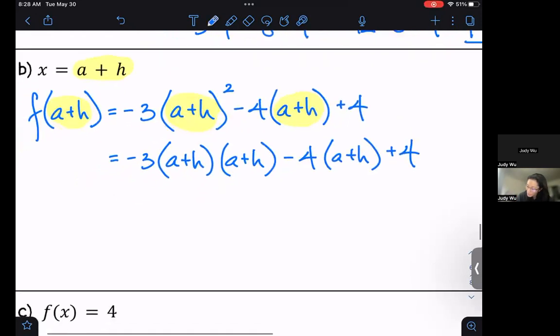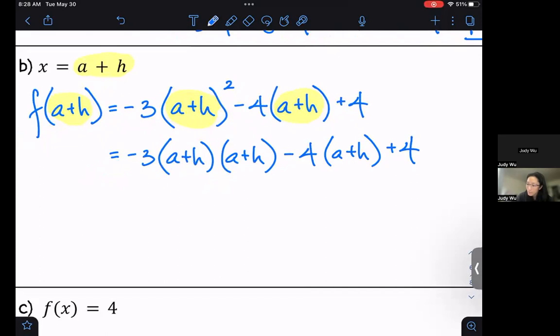All right. Now, because this is the first time we're walking through this, I want to make sure that we are remembering how to FOIL or distribute, right? So I'm actually going to keep the -3 out here first. And then I've got a times a, which will give me a squared. Then I've got the outer terms, a times h is ah. The inner terms, a times h is ah.